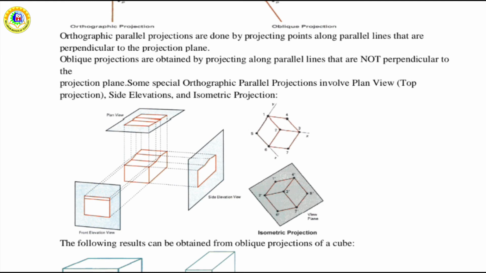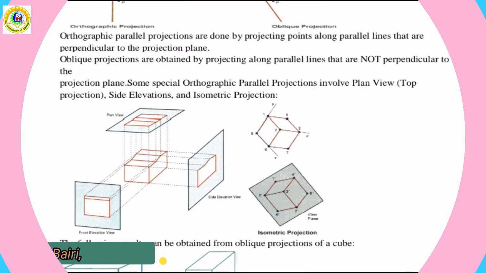We can also form orthographic projections that display more than one face of an object. Such views are called axonometric projections, as we are seeing in the figure. The axonometric orthographic projection most commonly used is also known as the isometric projection.